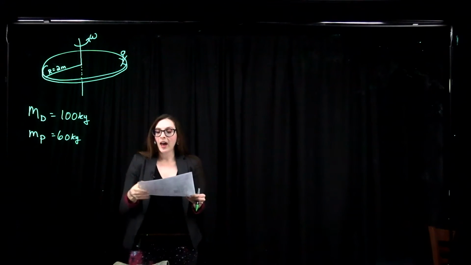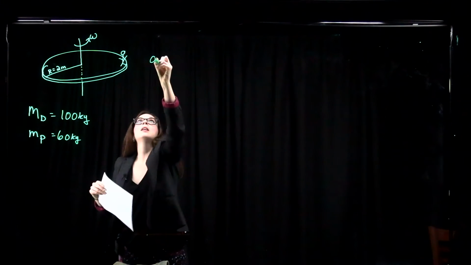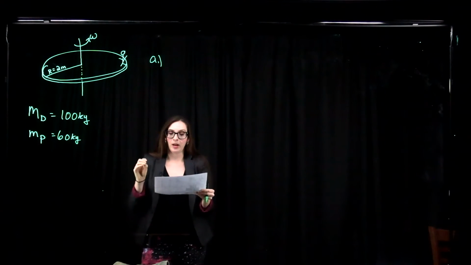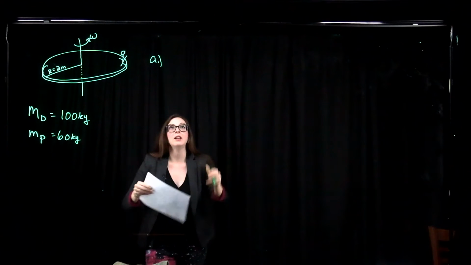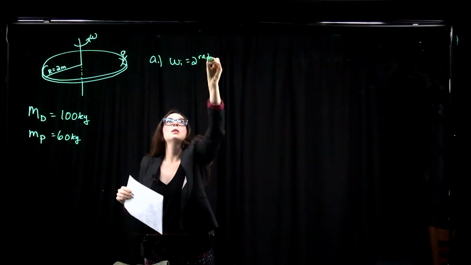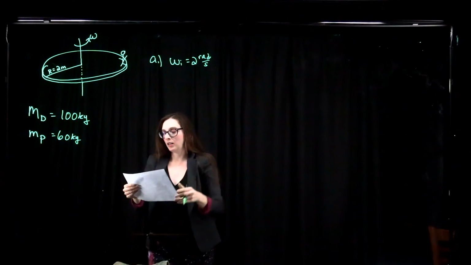So after a person of mass 60 kilograms jumps onto the merry-go-round, the system's angular speed is 2 radians per second. So I'm going to call that omega initial.